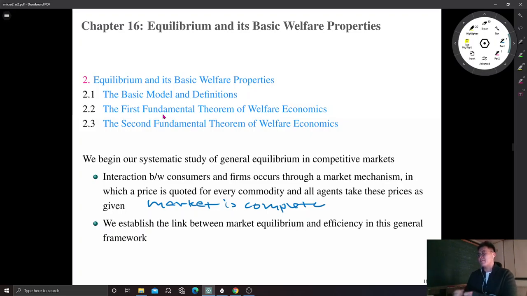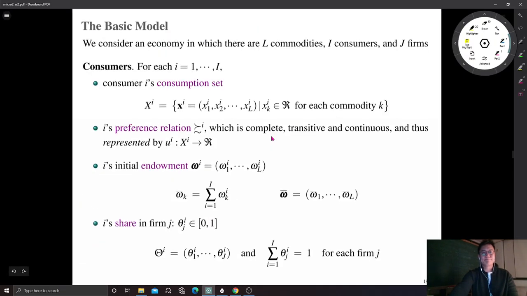The first welfare theorem means a Walrasian equilibrium is Pareto optimal, and the second welfare theorem implies every efficient allocation can be achieved by the use of a market mechanism with wealth redistribution, but that's going to be postponed to next week. So in this video, I'm going to introduce the general framework and the first fundamental theorem, and I'm going to prove that theorem in that general framework.